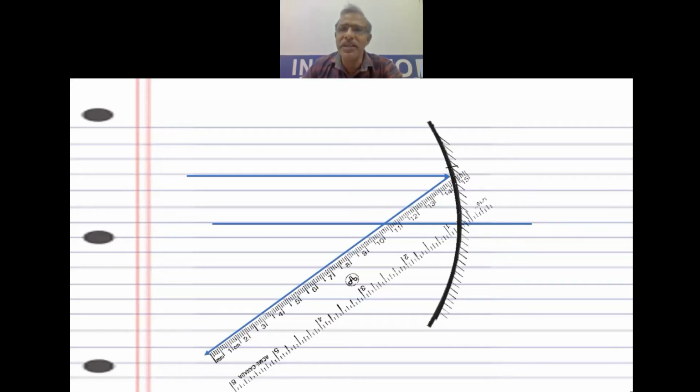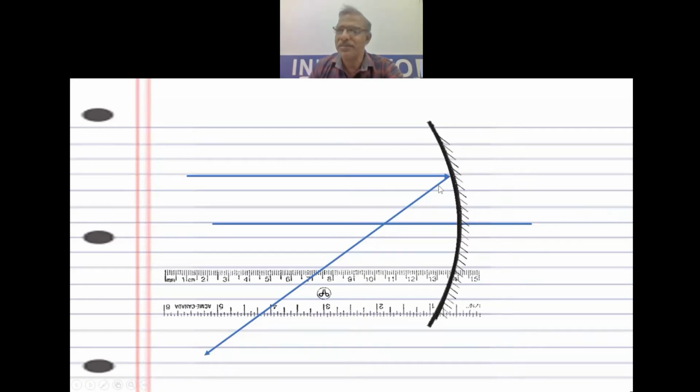So if you consider this as a plane mirror, and if you keep a protractor here, its perpendicular will come somewhere like this. So angle of incidence should be equal to angle of reflection, and therefore it bends on the other side. Again, you need not do that and draw.